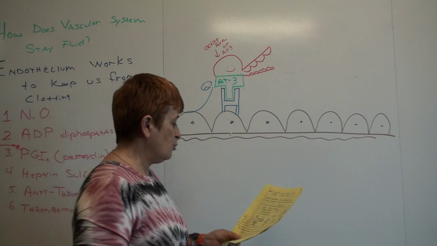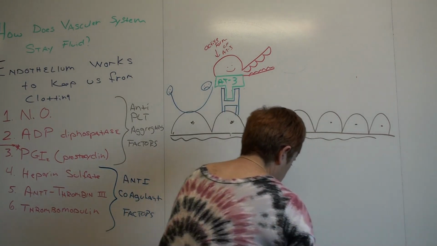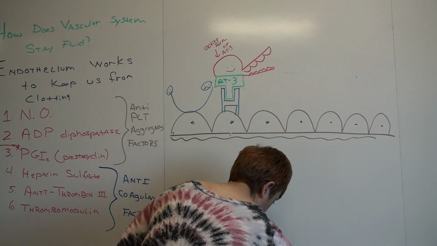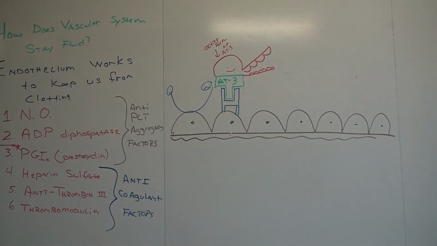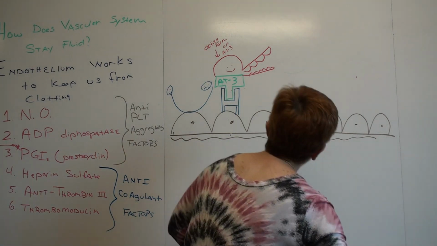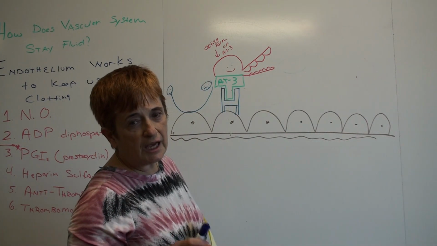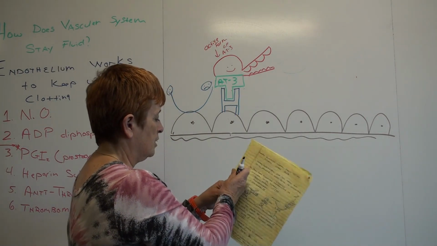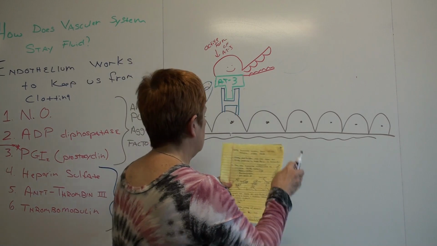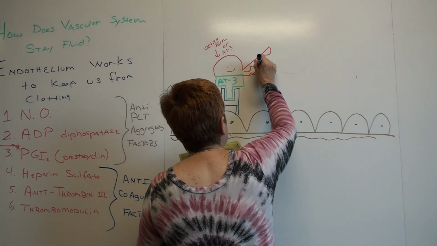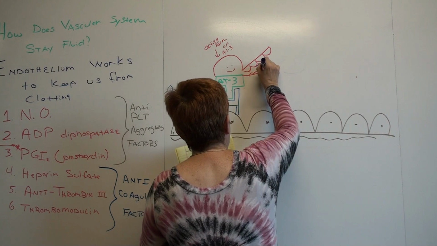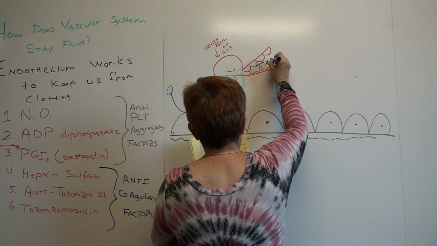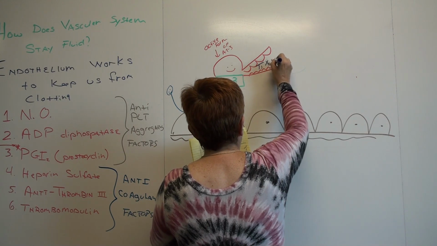Well, why I did that is because what it does is it cuts up the thrombin molecule. So I'm going to put T right here for thrombin, and I'm also going to put my 10A, 7A.